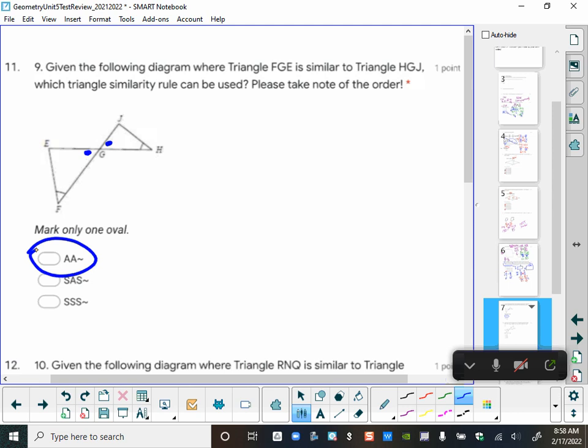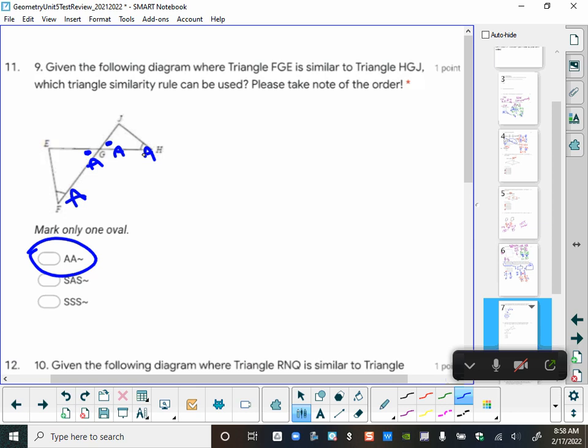The order will help us, but we don't necessarily need the order. And the next one's going to be a similar situation. Because here, again, in order for triangles to be similar, all you need are just two angles from one triangle to be congruent to two angles of the other.